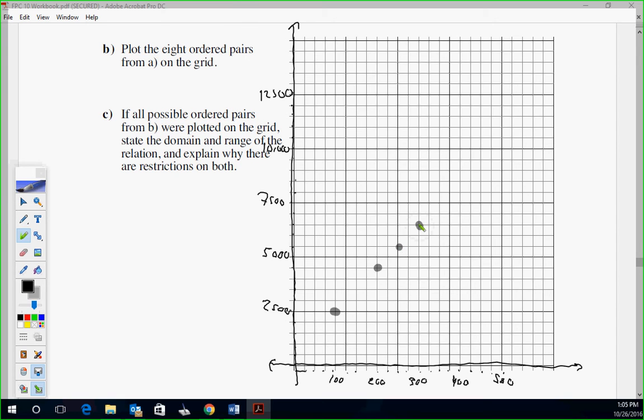You can kind of see the linear relationship taking place. 350 was 7,500. 400 was 8,500.